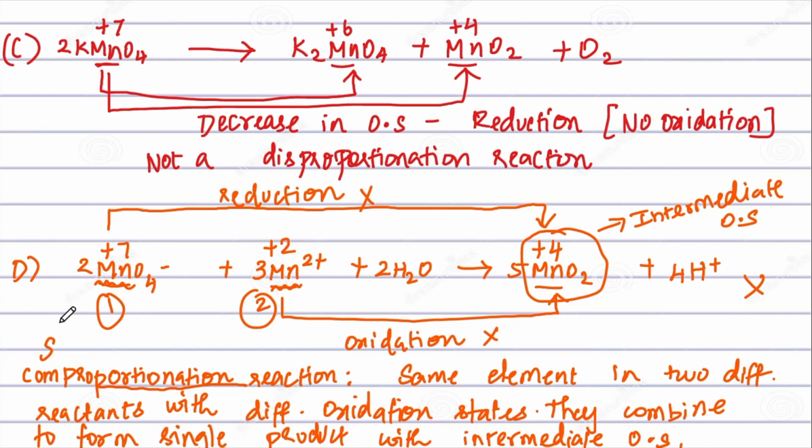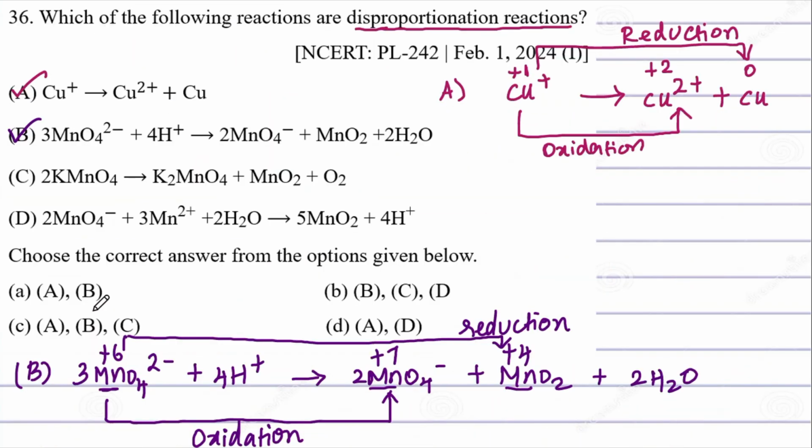So instead of comproportionation we can say synproportionation reaction also. So here reduction and oxidation take place for the same element, but the element is not present in the same compound. It is present in different compounds. Different reactants are involved. So only equations A and B show a disproportionation reaction. So choose the correct answer from the options given below. Option A and B is the correct answer.